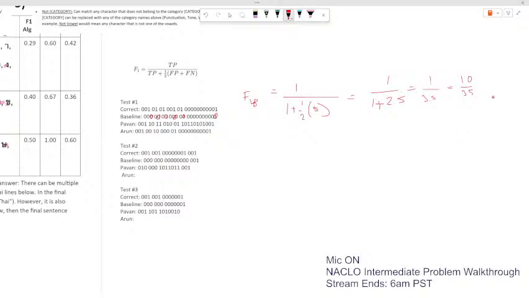Over 35 would be what? I kind of want to convert it to a decimal now and figure out what the baseline one is. Let's actually do it. 10 divided by 35. This is really testing my math skills right now. 35, so 0 point, obviously 2, 3 would be 95. No, it would not.